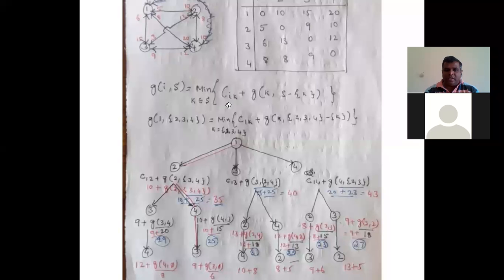So cost of I comma K, starting node to some intermediate node, plus the cost of, that is G of K.